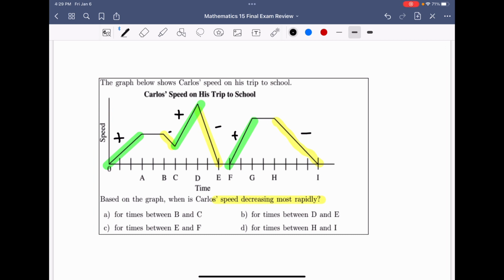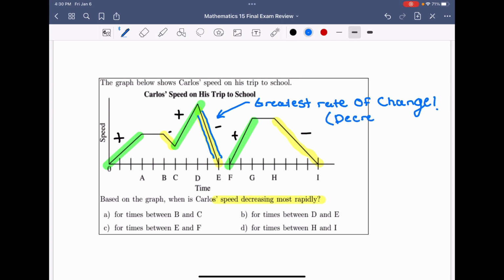So where is his speed decreasing the most rapidly? It's the one with the greatest rate of change. The greatest rate of change appears along this line where the blue is. This is our greatest rate of change. And more specifically, greatest rate of change of decreasing. This is decreasing, because on the y-axis, we clearly see it's going from left to right downwards.